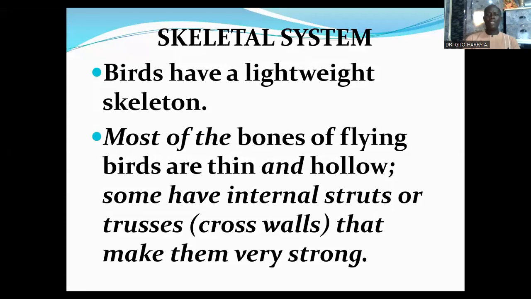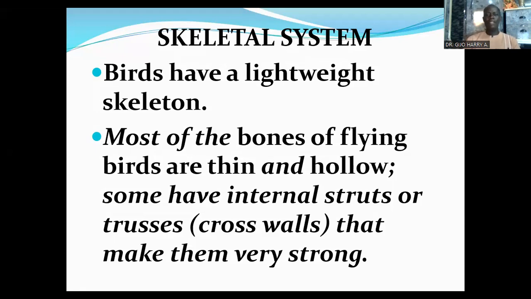The skeletal system of birds is adapted for flight. Birds are usually arboreal. Birds usually need to fly from one place to another, and as such, they have a lightweight skeleton. Most of the bones of flying birds are thin and hollow.